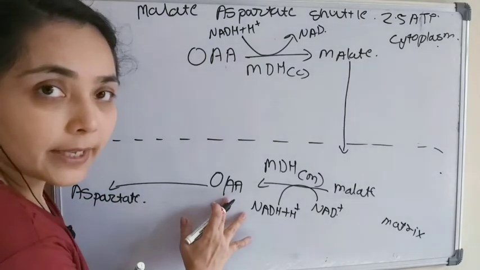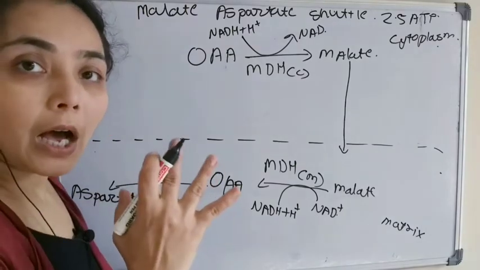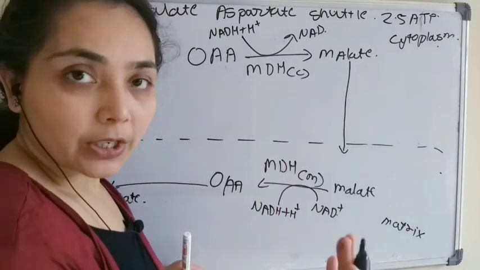Yeah, oxaloacetic acid will convert into aspartate. How? Via transamination.